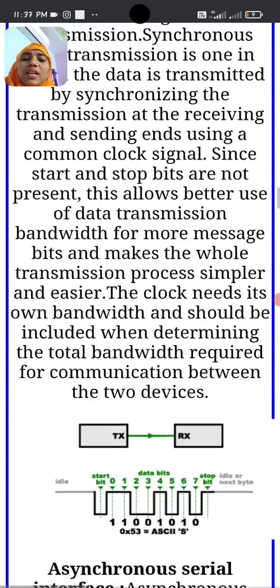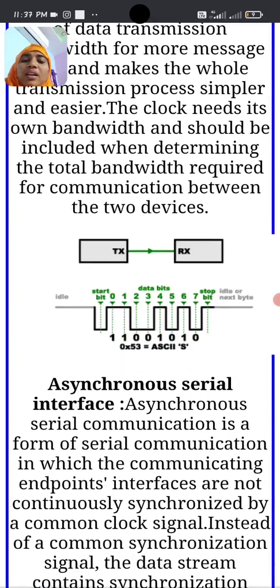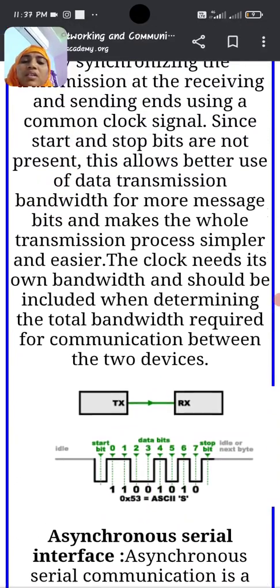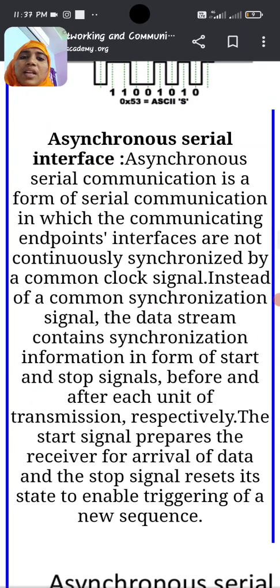It is synchronous, so the data is sent and received depending upon the clock signal. The clock needs its own bandwidth and should be included when determining the total bandwidth required for the communication between the two devices.